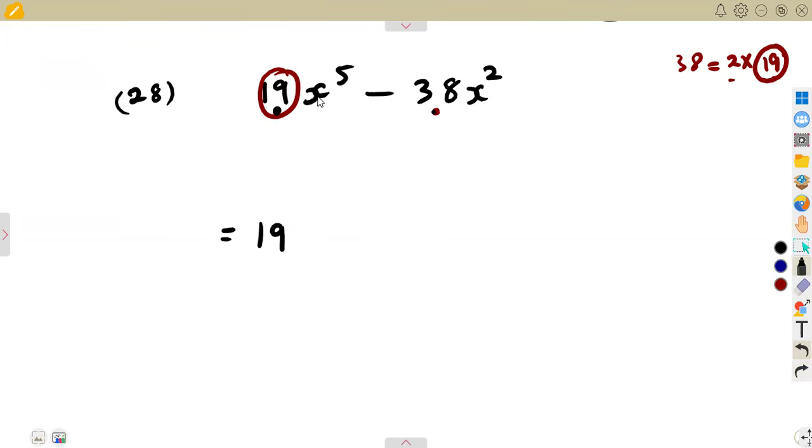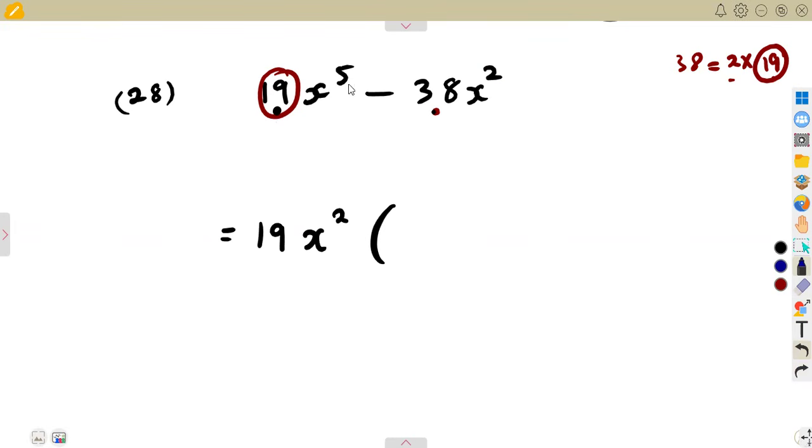Then in terms of the variable, x is common, as we can see, x to the exponent of 5 and x to the exponent of 2. You're going to factor out the one with the smaller exponent, which is x to the exponent of 2. By factoring this out, you are going to divide, but you can do it in your mind. 19 and 19 cancel each other.